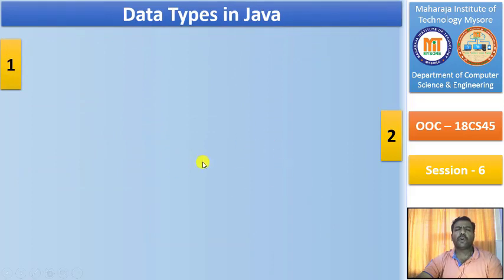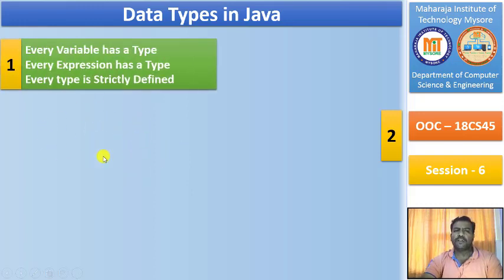Fine. If I talk about data types in Java, they usually depend upon two main properties. The first property is that every variable has a type.